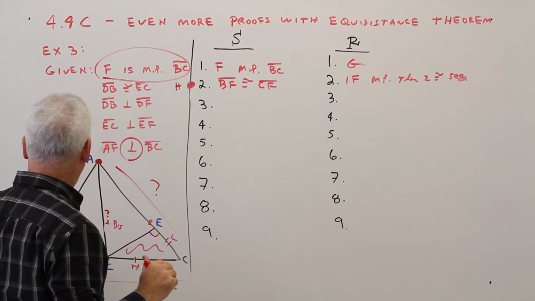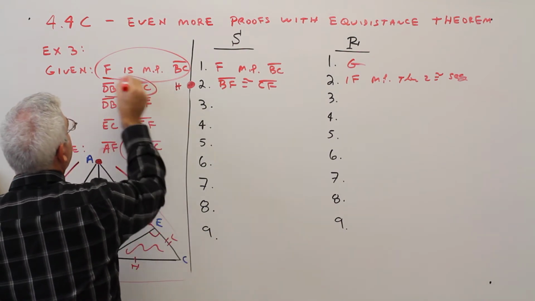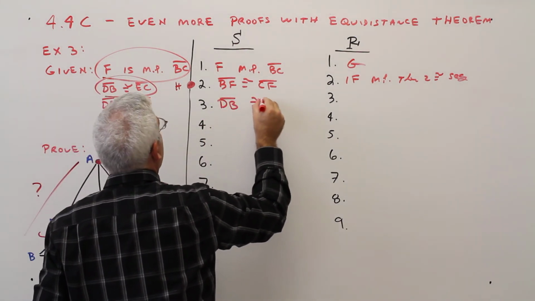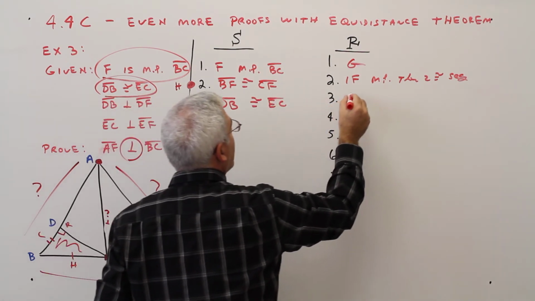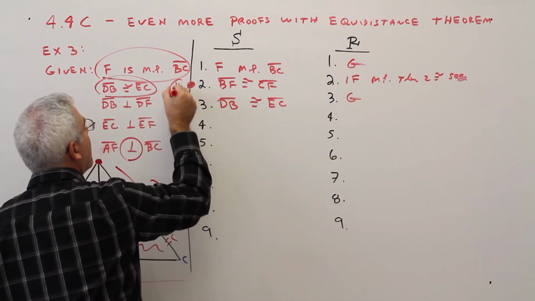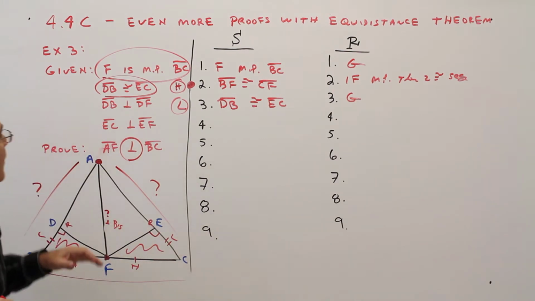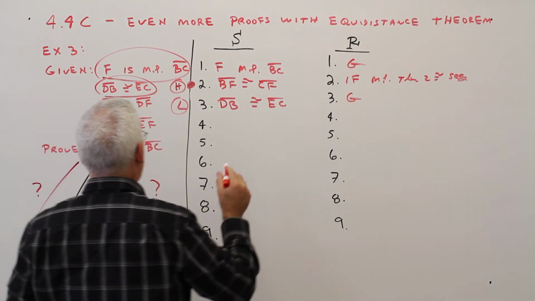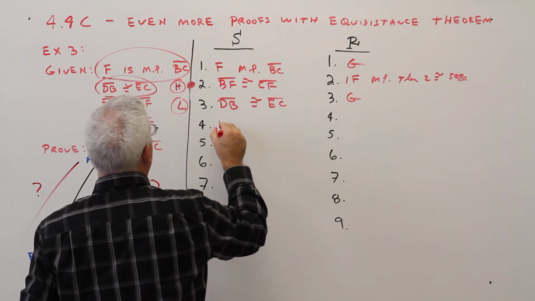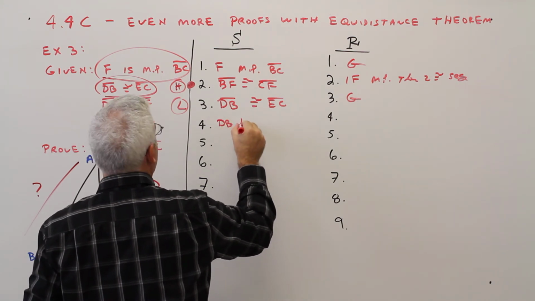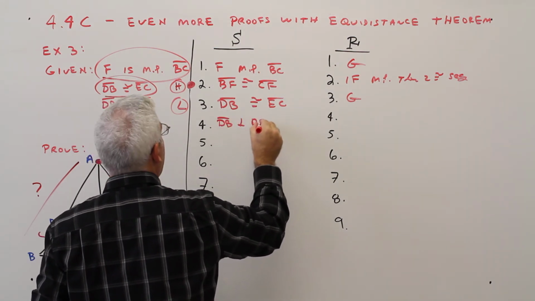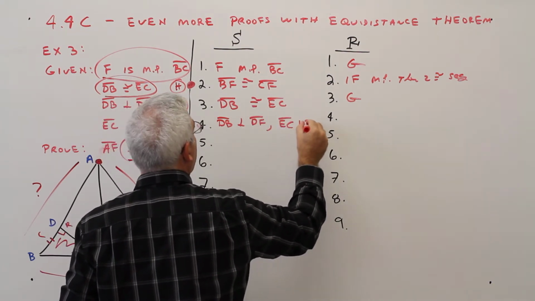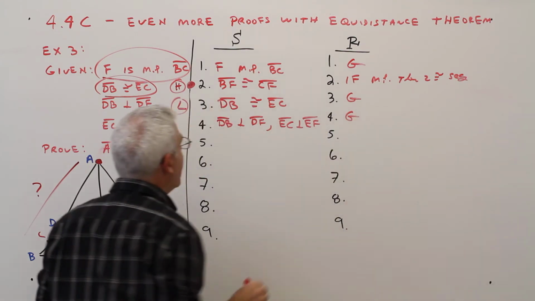Okay, now I'm going to go for the legs. They gave me that. DB is congruent to EC, given. And then that whole if perp then right stuff, we've been doing that forever. So I'll put down those givens. So DB is perp to DF, EC is perp to EF, given.